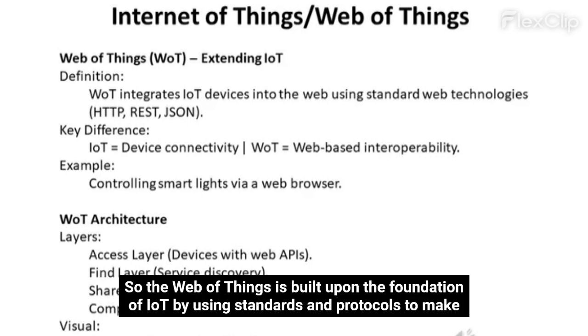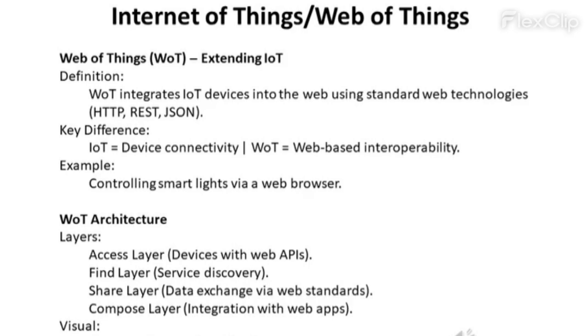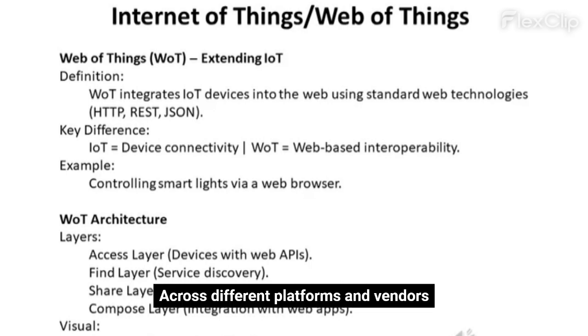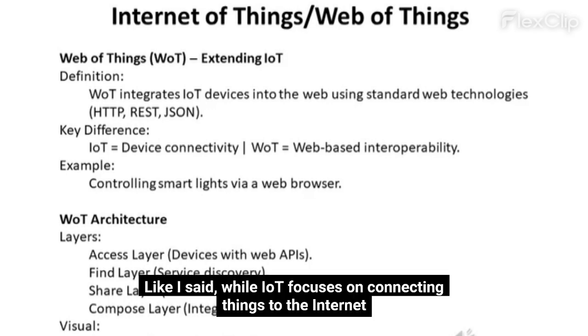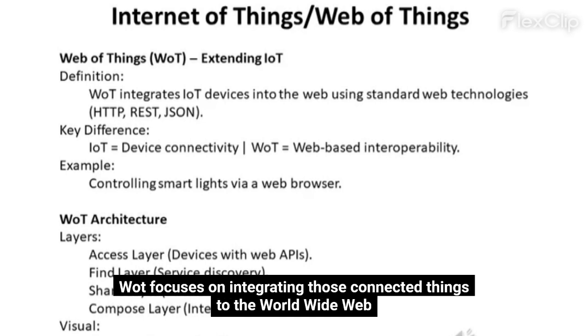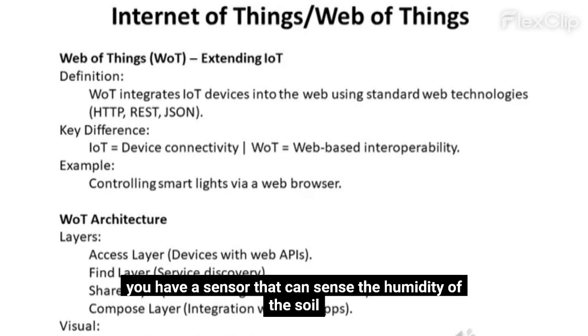So the Web of Things is built upon the foundation of IoT by using standards and protocols to make devices more interoperable, accessible, and programmable across different platforms and vendors. Like I said, while IoT focuses on connecting things to the internet, WOT focuses on integrating those connected things to the World Wide Web. That is, you have a sensor that can sense the humidity of the soil.